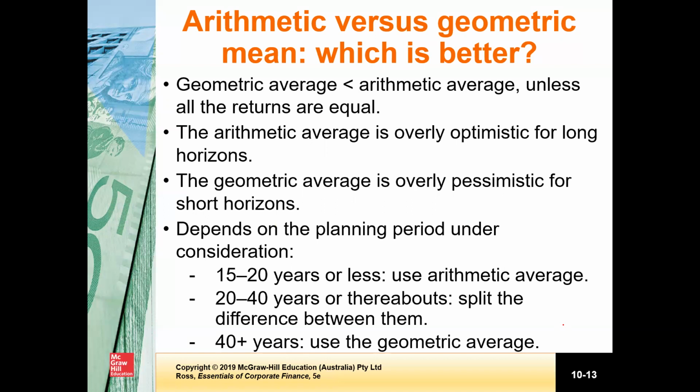To put it slightly differently, the geometric average tells you what you actually earn per year on average, compounded, maybe quarterly or so. The arithmetic average tells you what you earned in a typical year.